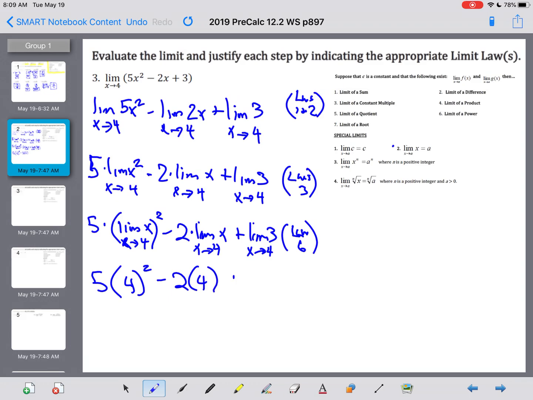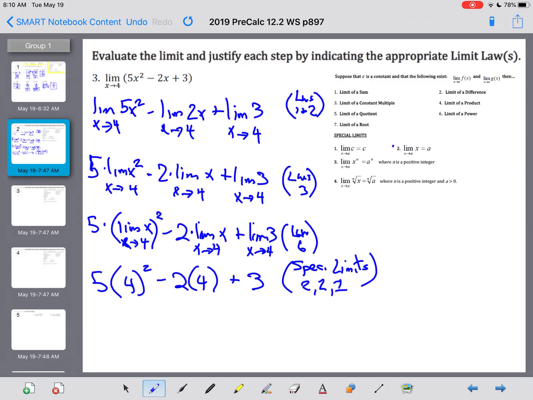And over here, I'm going to have the limit of a constant will just be the constant, and that's going to be special limit 1. So that's just going to be 3. So I used special limit number 2 twice, so I'm going to mark it twice here, and number 1.